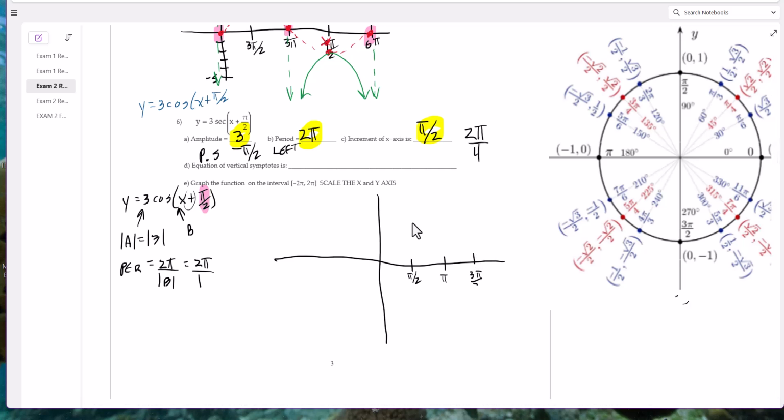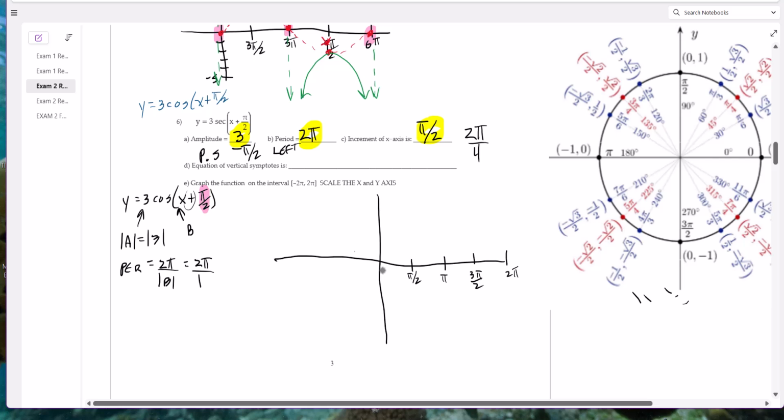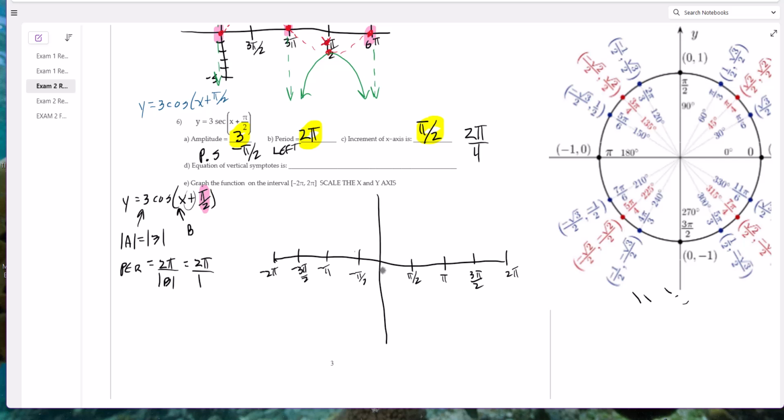Then move over here: negative pi over 2, negative pi, negative 3 pi over 2, and then negative 2 pi. Now I'm going to go past 3 because your graph is going to be U-shapes going infinitely up and infinitely down. So I'll get my scale like that, and that's good enough.